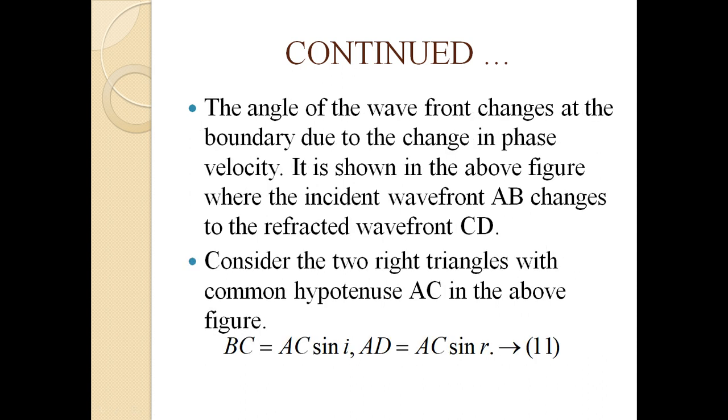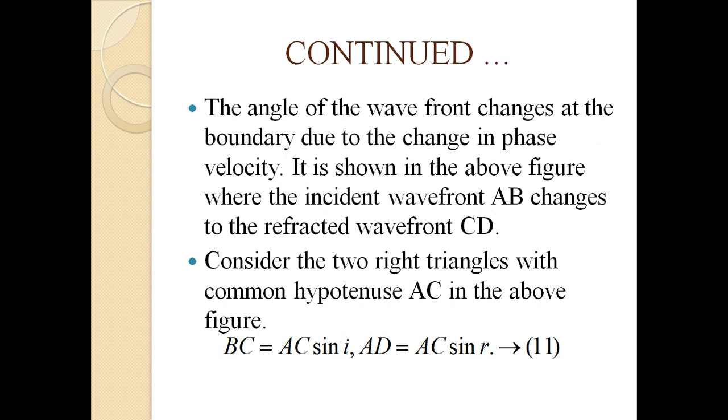The angle of the wavefront changes at the boundary due to the change in phase velocity. It is shown in the above figure where the incident wavefront AB changes to the refracted wavefront CD.